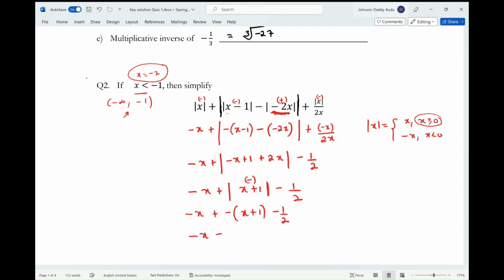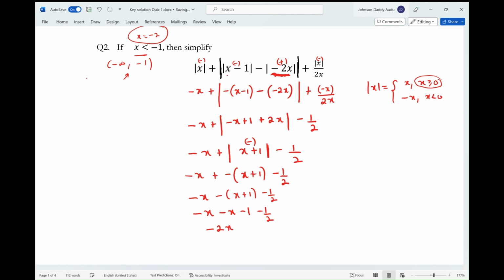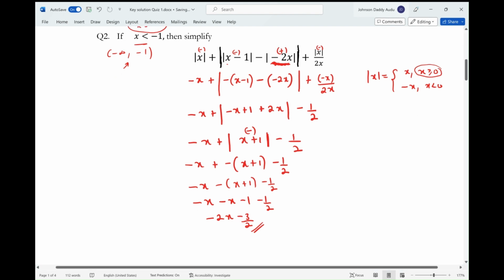So you just have minus x plus 1 minus half. And this will be minus x minus 1 minus half. So this will be minus 2x minus 3 over 2. Because minus x is what? Minus 2x. Minus 1 minus half is minus 3 over 2. And that is it.